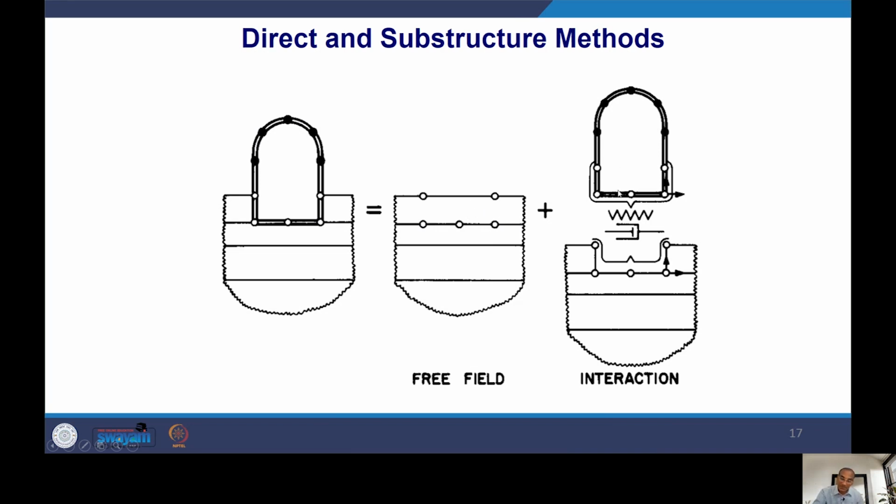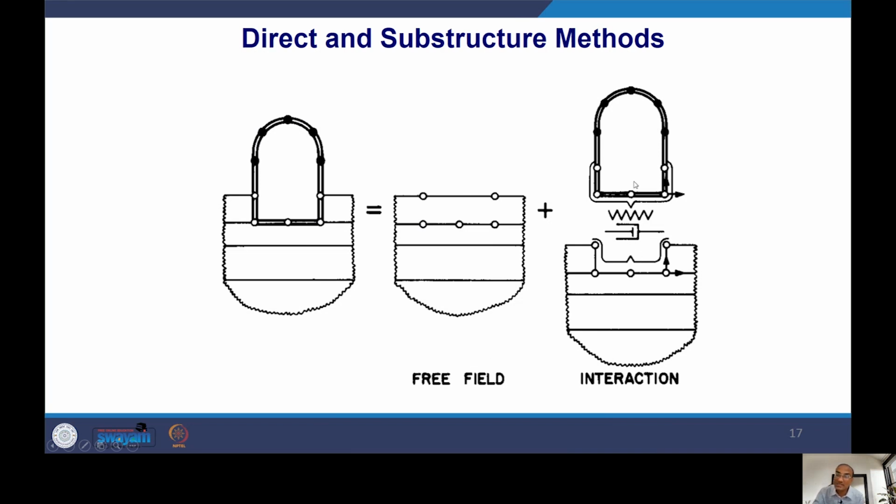Now when you want to put the structure on top of it, then you can replace this portion using what is called spring and dashpot, and the motion which is found in the free field is applied here.